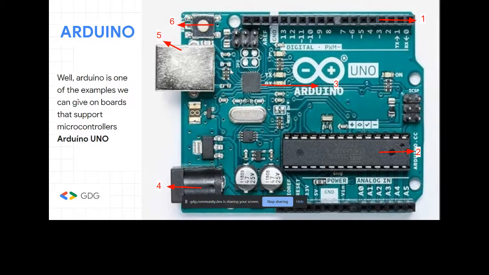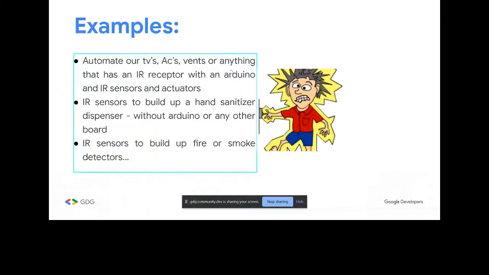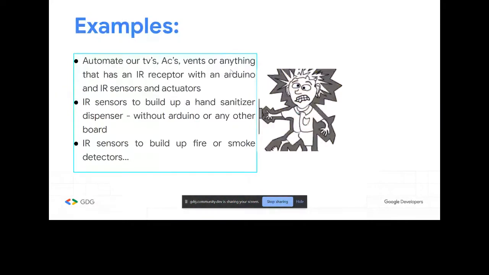Examples: automate our TVs, ACs, fans, or anything that has an IR receptor with an Arduino and IR sensors and actuators. What happens here?